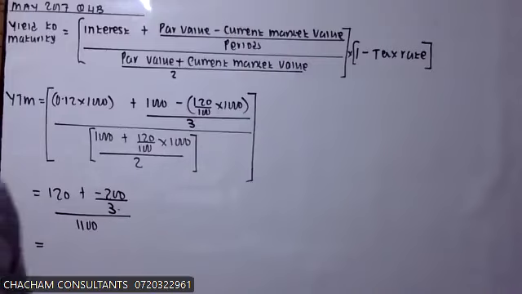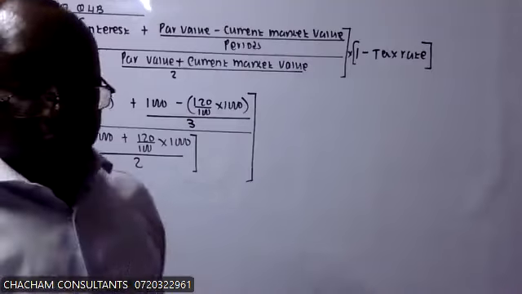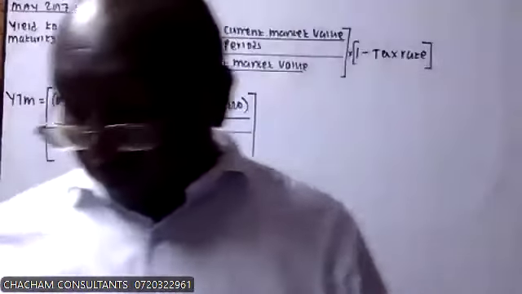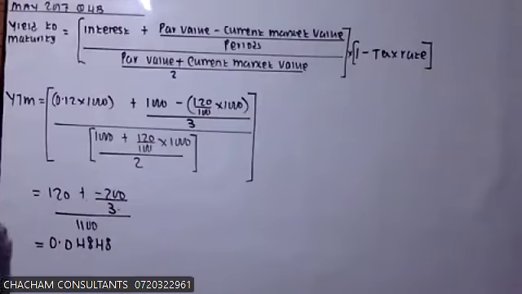Okay, yeah, it is in agreement. We are in agreement. 0.04848. So that is the yield to maturity.